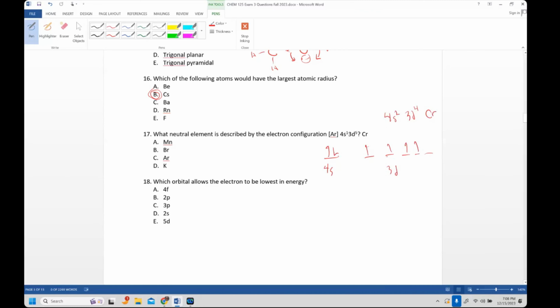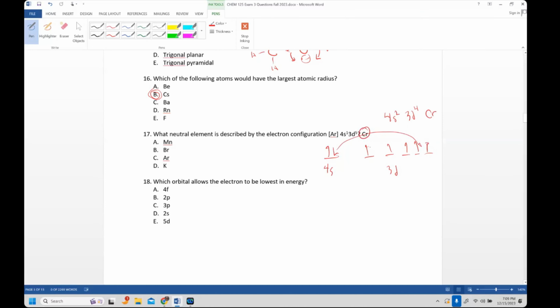The reason is because our d subshell likes to have its 5 orbitals completely filled or half filled. This is a more stable arrangement. So to do that, we can take one of our 4s electrons and move it over to make it 4s1 3d5. This is a more stable arrangement, and the answer would be chromium for this one.